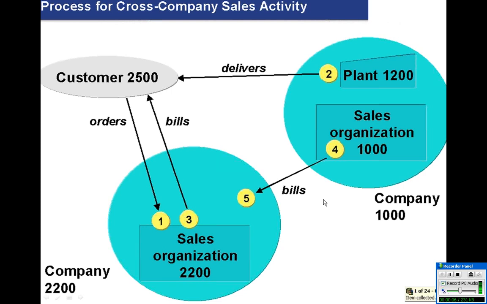Okay. So the cross-company sales, when a client has multiple companies or multiple company codes, and these company codes have their own individual identities, their own setup like sales organization, distribution channels, and plants, a situation arises when a plant assigned to one sales organization or one company code does not have the material which the customer is requesting, but the same material is available in a different company code in a different plant, right?